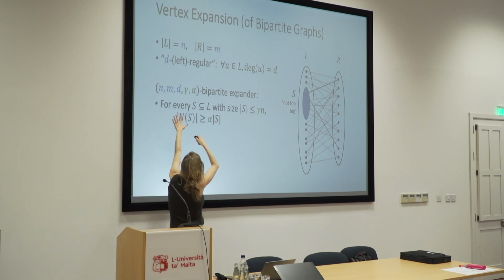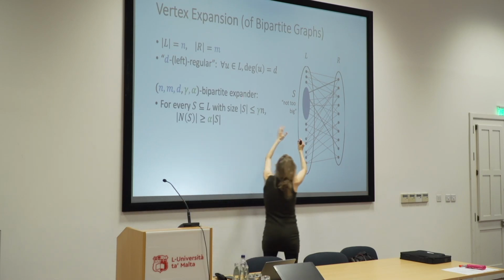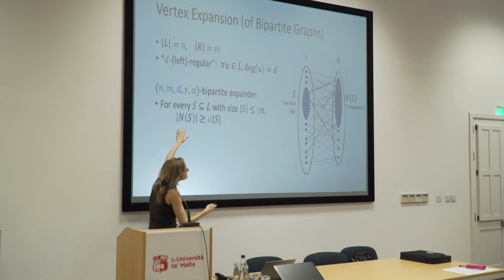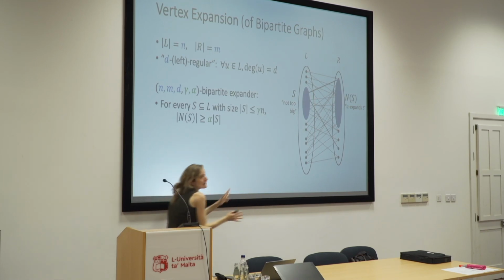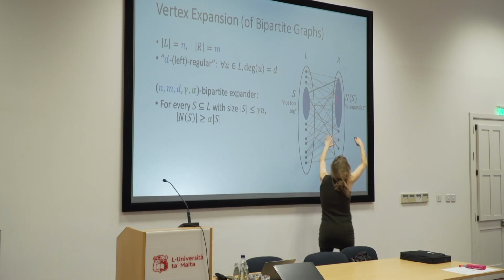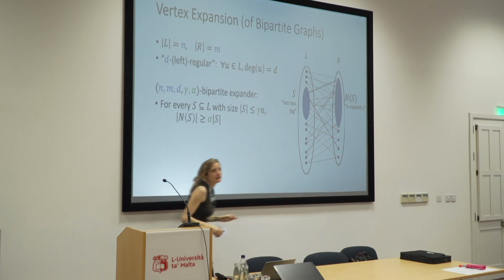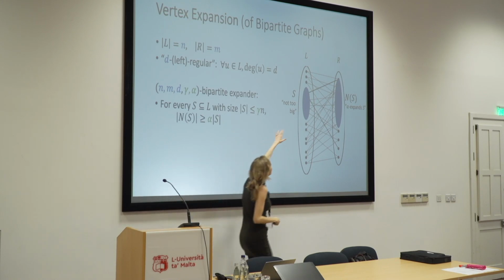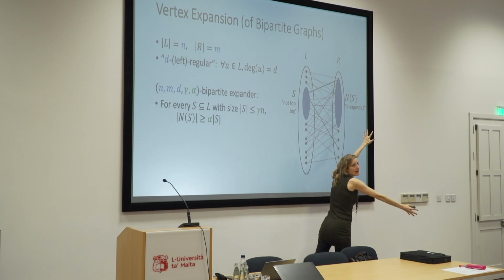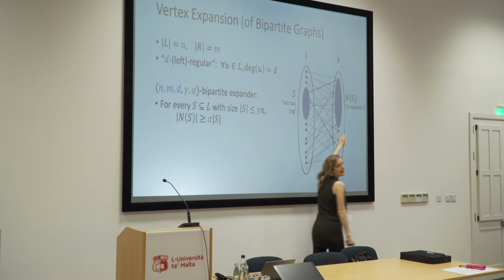You are a gamma, alpha bipartite expander if for every S that's up to gamma n, the neighbor set of S is greater than or equal to alpha times the size of S. So this is saying for any S on the left that's not too big, my neighbor set is alpha-expanding from the size of S.